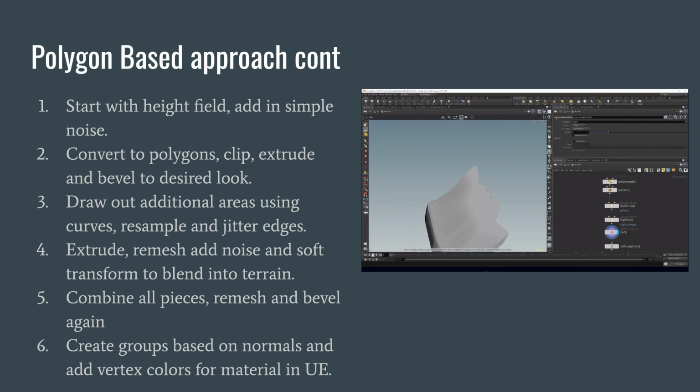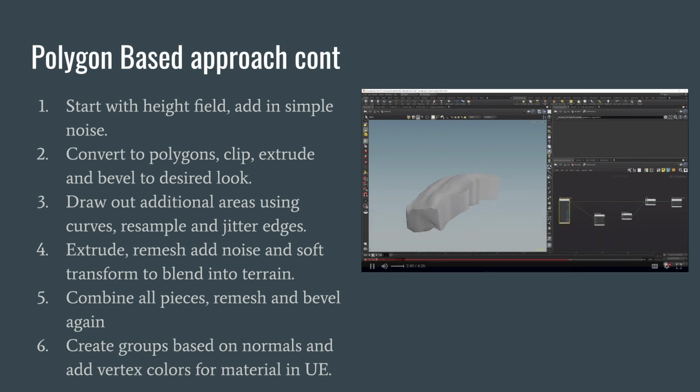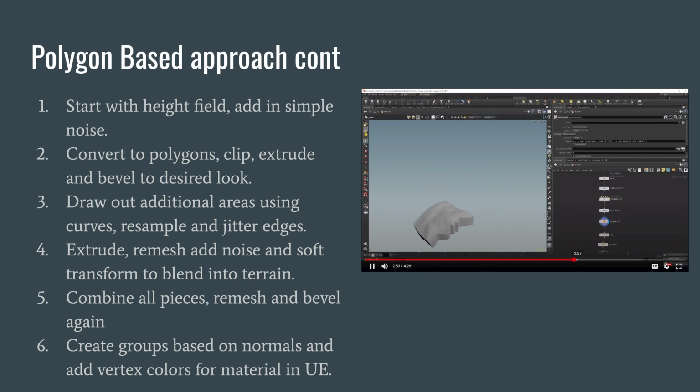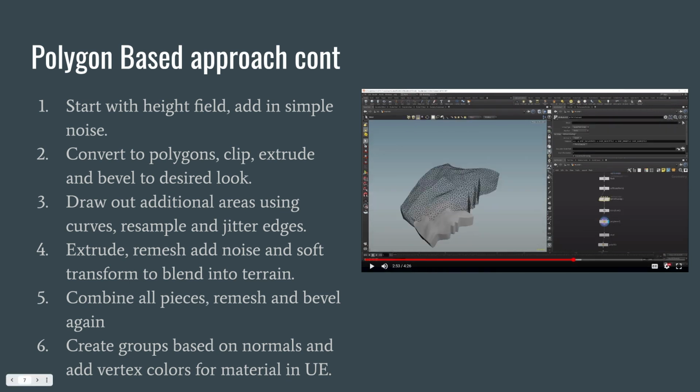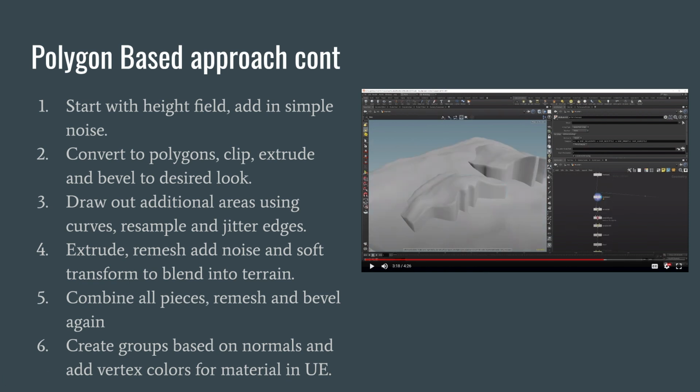We then do a couple different soft transforms on it to blend different pieces back down into that base shape. We add a little bit of noise to it to make it look a little more mountainy and distorted. Do a poly bevel, and then we extrude it again to blend it into our landscape. So here it is blended, and then we basically use the same technique for the mountain just to the right of it.